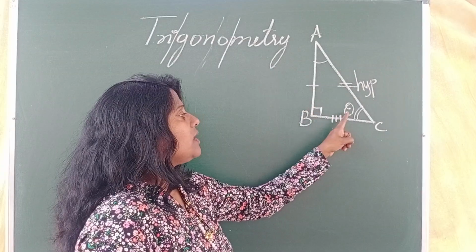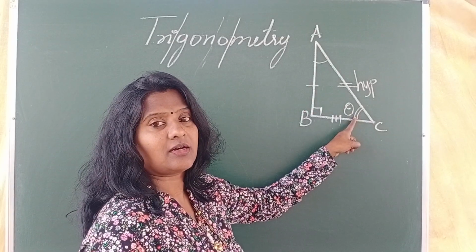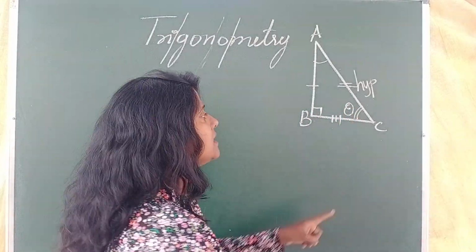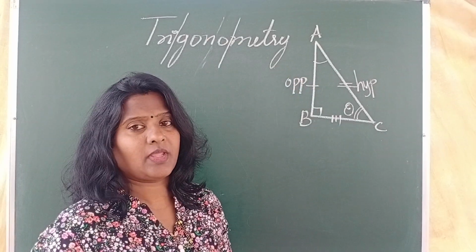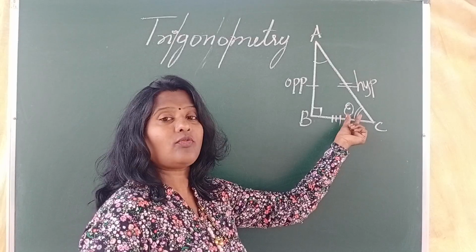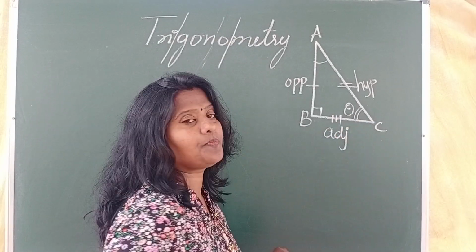The side opposite to theta, the angle we have considered, we name as the opposite side. And the side adjacent to the angle we have considered is named as the adjacent side.